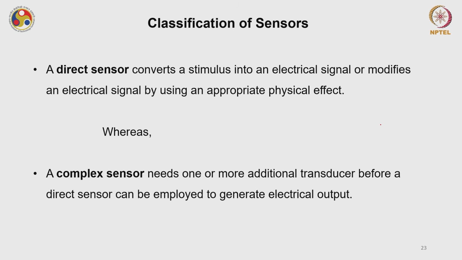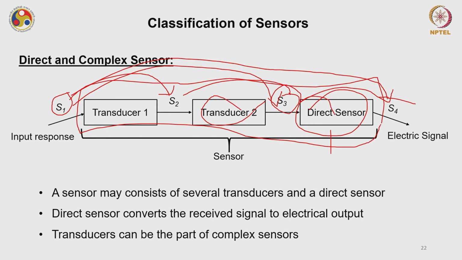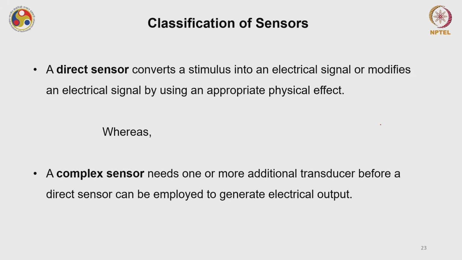So this is how it is defined, and this is how you have to understand these sensors. In this course, we will be discussing mostly direct sensors. However, we will also discuss several complex sensors.